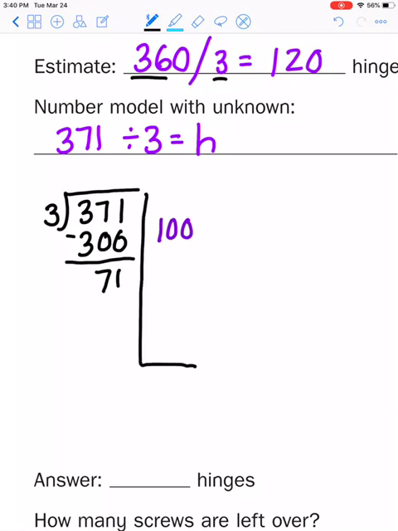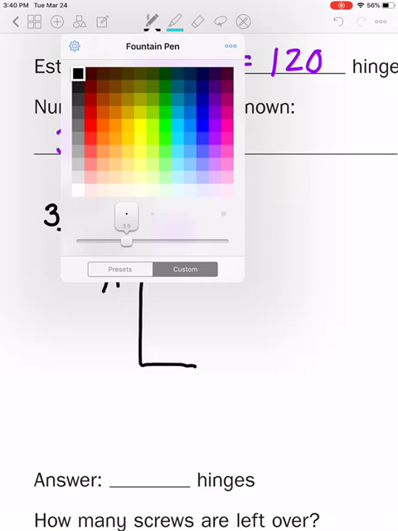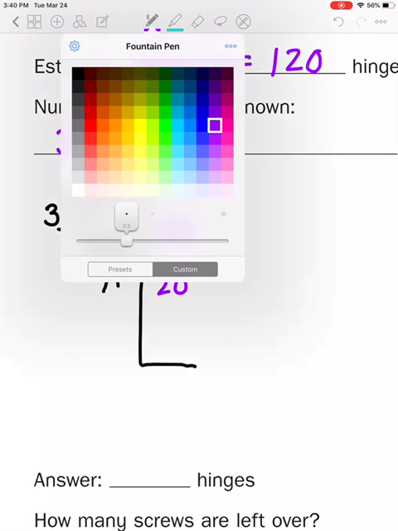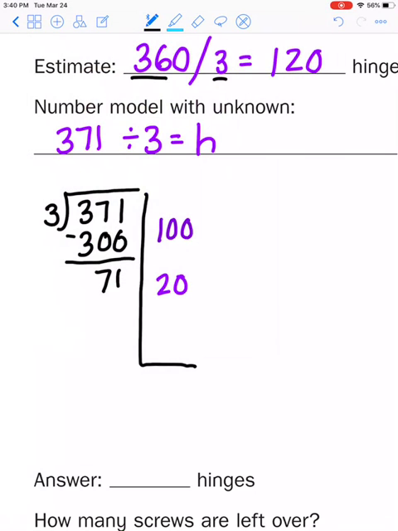So now I'm left with 71. Now I'm going to try to think of a multiple that would get me close to that 71. So I'm going to take out 20 groups of 3. 20 times 3 is 60. So now I'm left with 11.